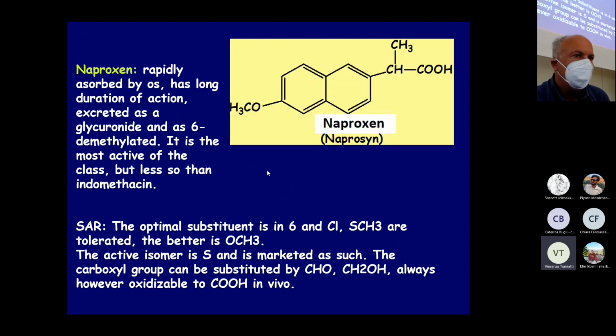Naproxen, once again, is the only one sold as a pure enantiomer. It is the most active of the class, but less than indomethacin. Indomethacin represents the reference point, the most potent, but also the most toxic. Please remember.